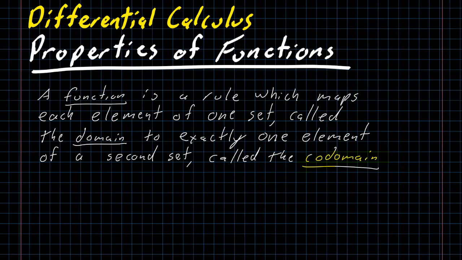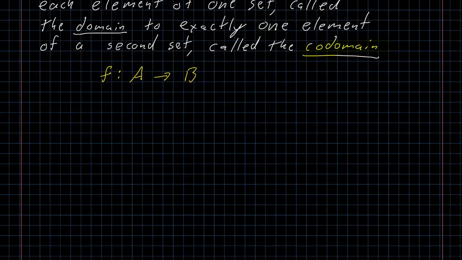But before I get there, I do want to mention the notation f: A → B. This is the notation that I'm going to tend to use when I'm trying to talk about a function and define all of these properties a little bit more concisely.